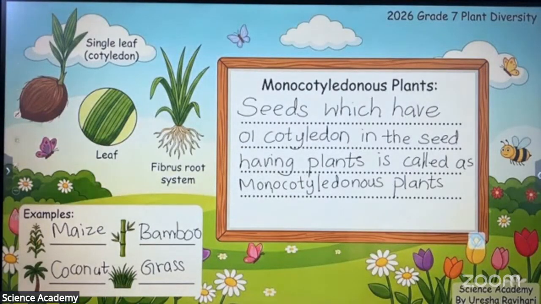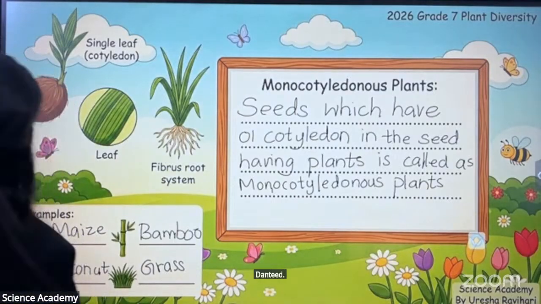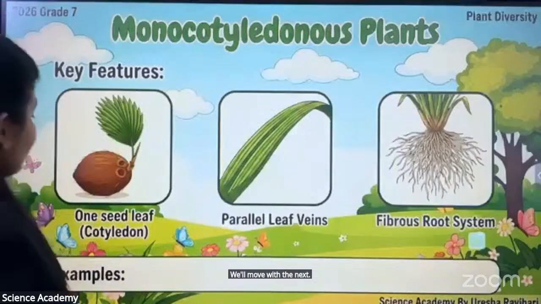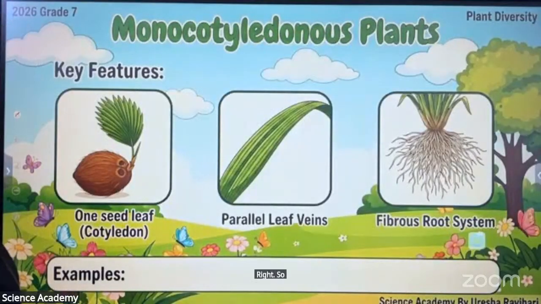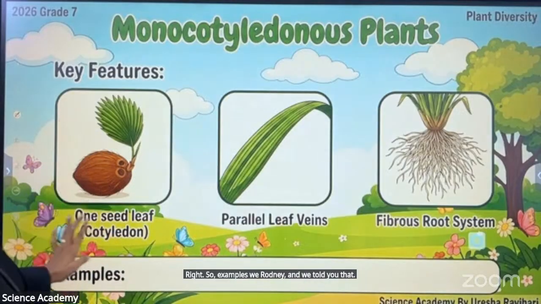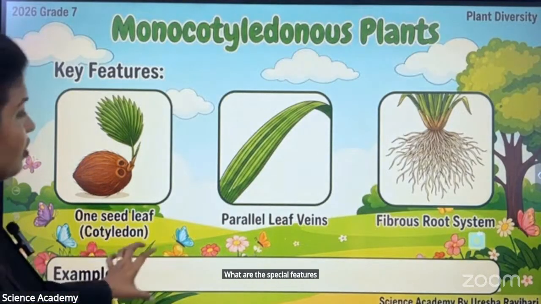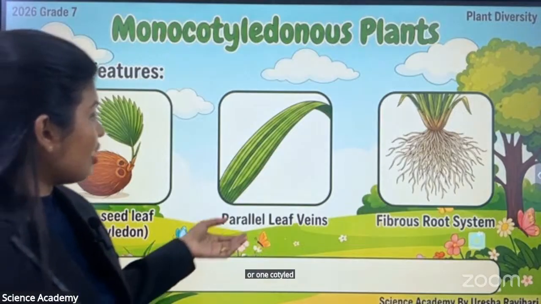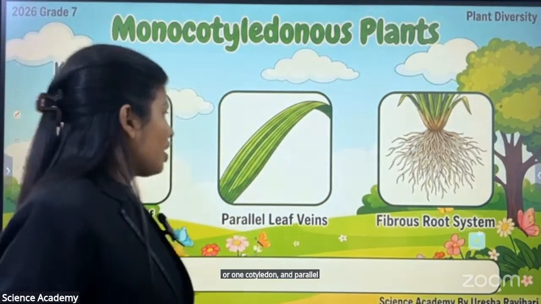Okay, we'll move on to the next. So we wrote examples, and we told you the special features: one seed leaf or one cotyledon, parallel leaf veins and a fibrous root system.